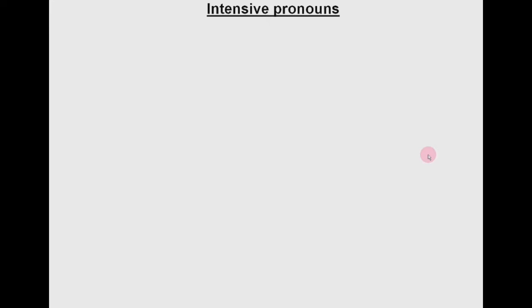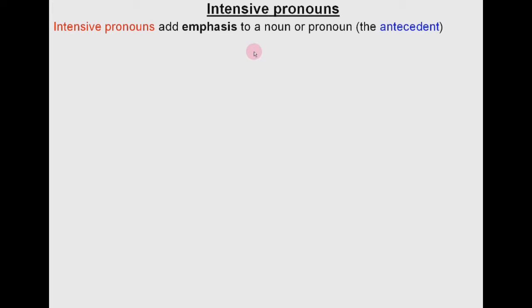Now, intensive pronouns. Remember, it is the same 8 words, but we use them very differently, and the meaning is very different. So intensive pronouns simply add emphasis to a noun or pronoun. The noun or pronoun that they add emphasis to is called the antecedent.